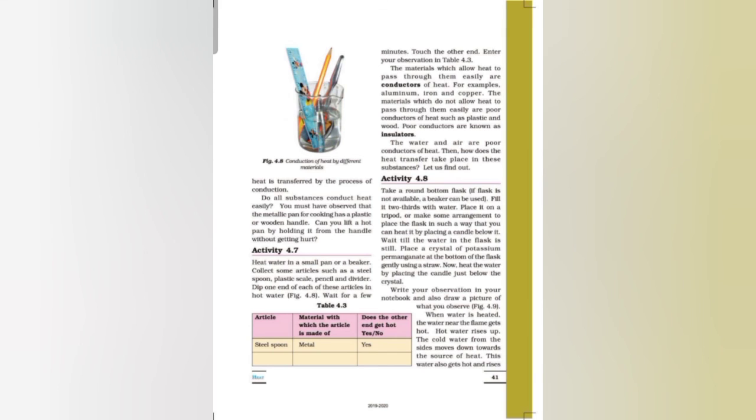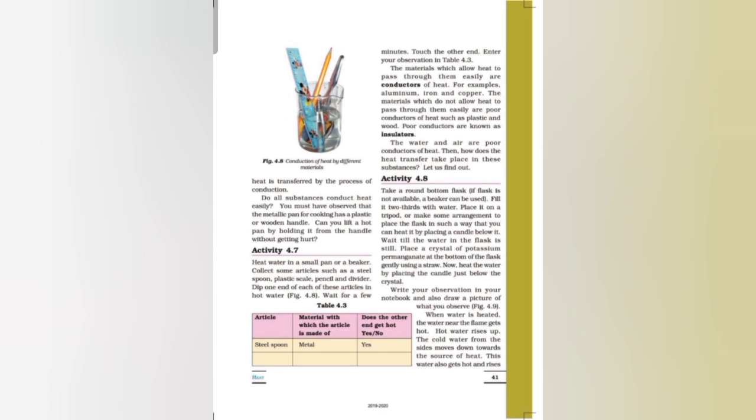So students, now you know which material is a good conductor and which material is a bad conductor of heat. So we can say that the materials which allow heat to pass through them easily are known as good conductors. For example, aluminium, iron and copper. And the materials which do not allow heat to pass through them easily are poor conductors of heat, such as plastic and wood.